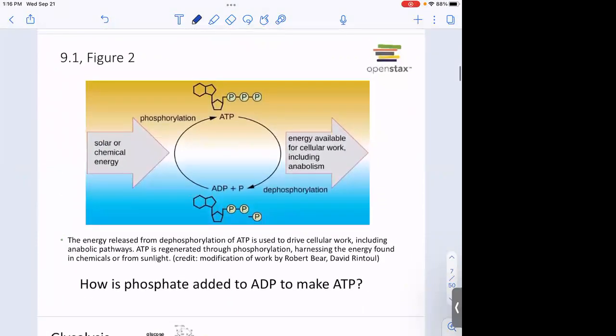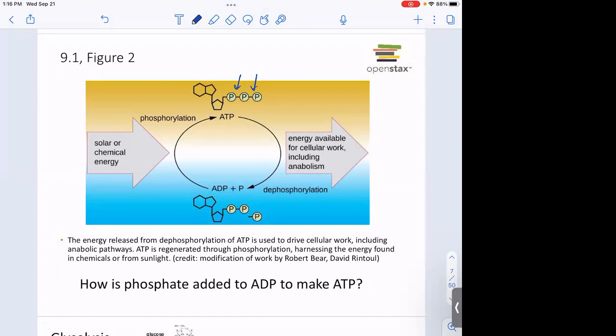Of course, the energy currency of the cell is ATP, a recyclable molecule. It recycles between carrying 2 phosphates and 3 phosphates. It has these high energy bonds between the phosphates, and when those phosphates are broken, that releases energy in a usable form.